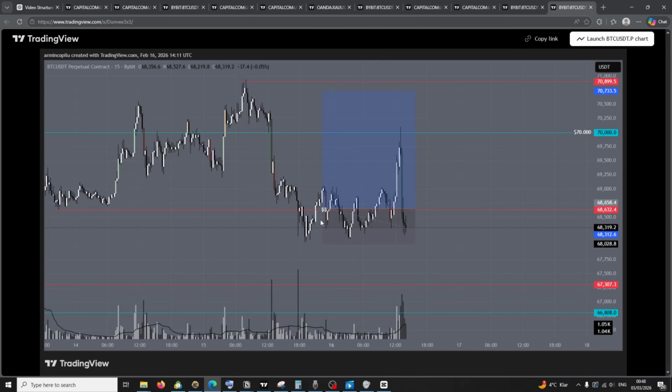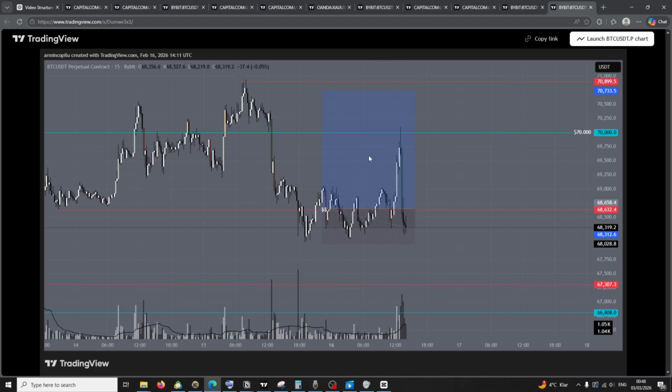And as you can see, I was waiting, I think this was Friday going into Saturday, and Saturday we got this big pump, resulting in the break of structure, and as the break of structure happened, I put my SL to break even.